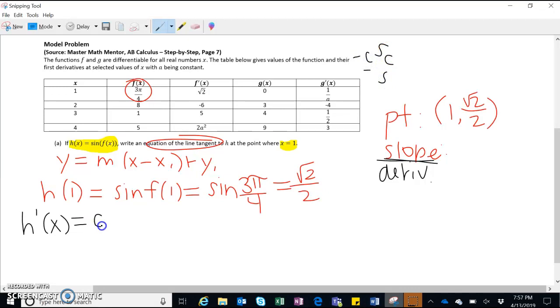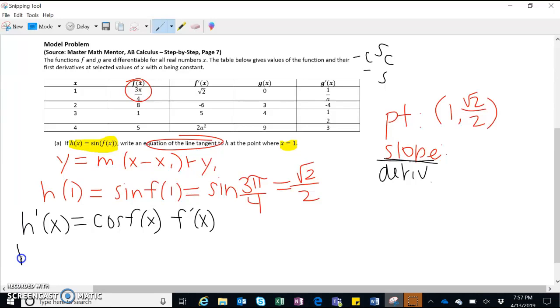Sine is going to go to cosine of f of x, since that's the function inside of the original problem, multiplied by the derivative of that inside function, f prime of x. Classic chain rule here that I'm using in order to take the derivative of this function.